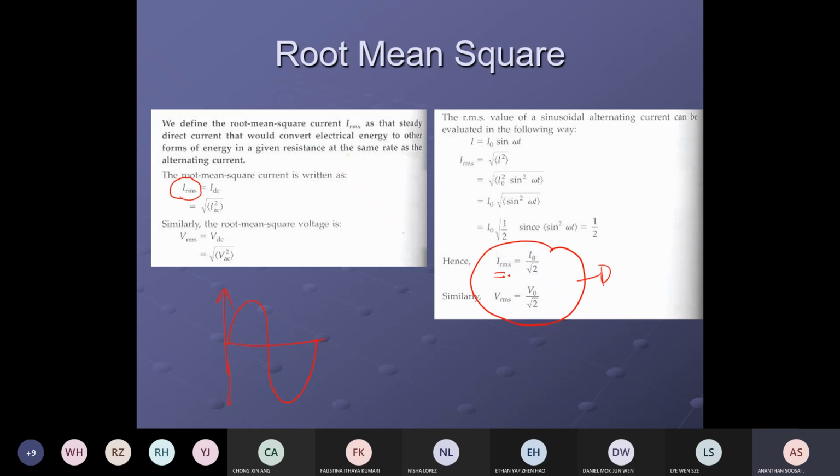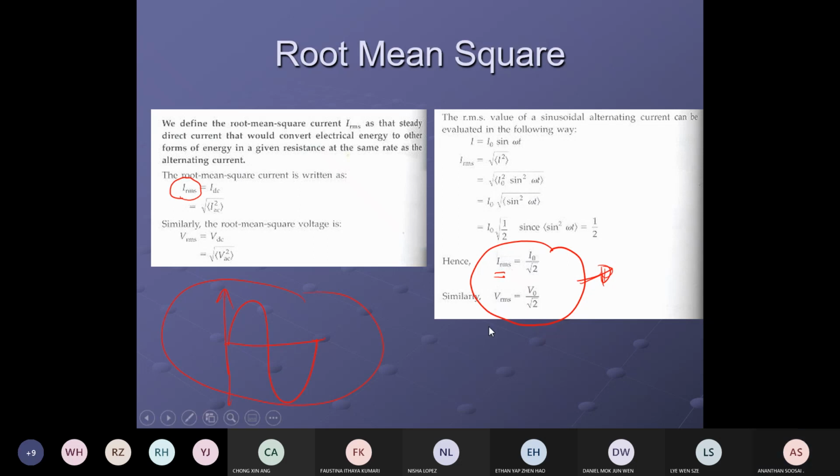IRMS is found to be I naught over root 2. VRMS is found to be V naught over root 2. But these two formulas only work for sinusoidal alternating current.